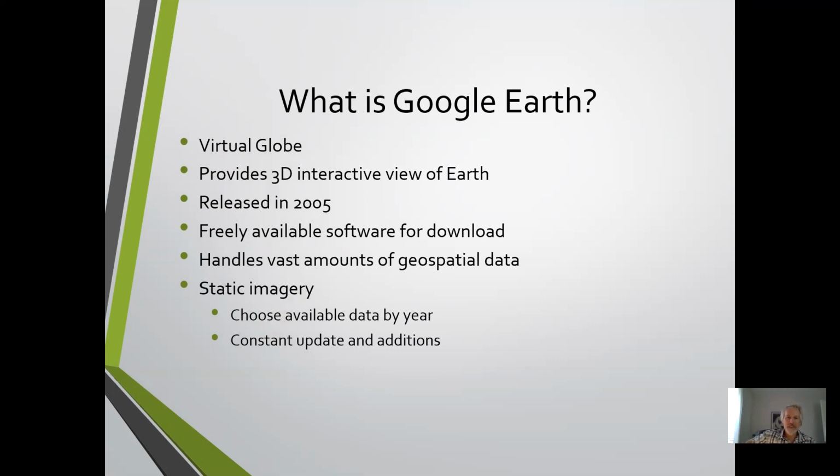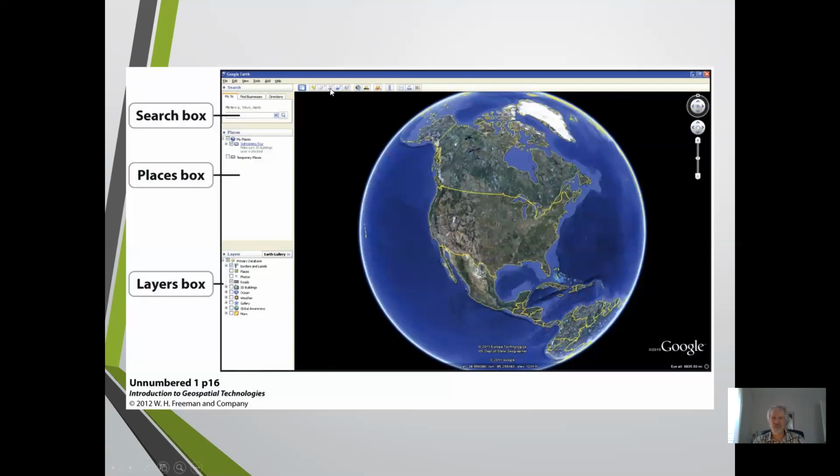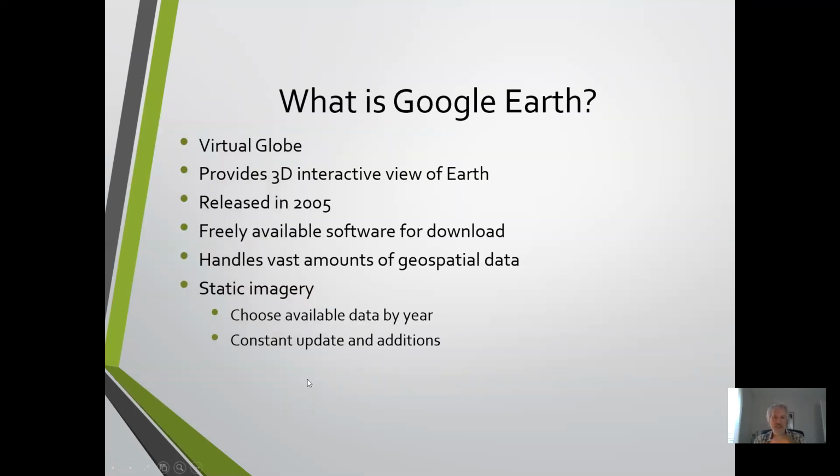It does handle vast amounts of geospatial data, so you really have to have a good link into it, otherwise it's pretty slow. It is basically using two types of imagery, but that's static. So this imagery is not real time, and some people think that it's a real-time kind of thing, which it's not. It's static, and you can choose the available data sets by year.